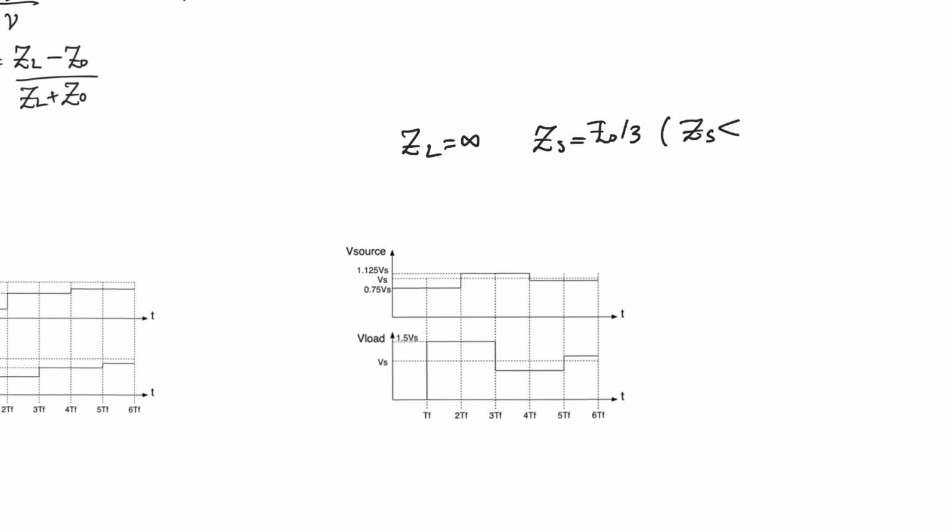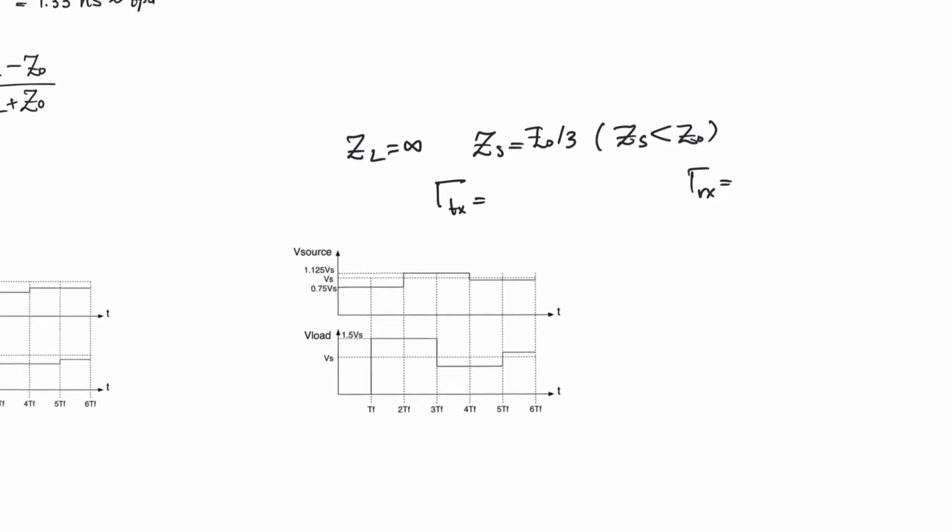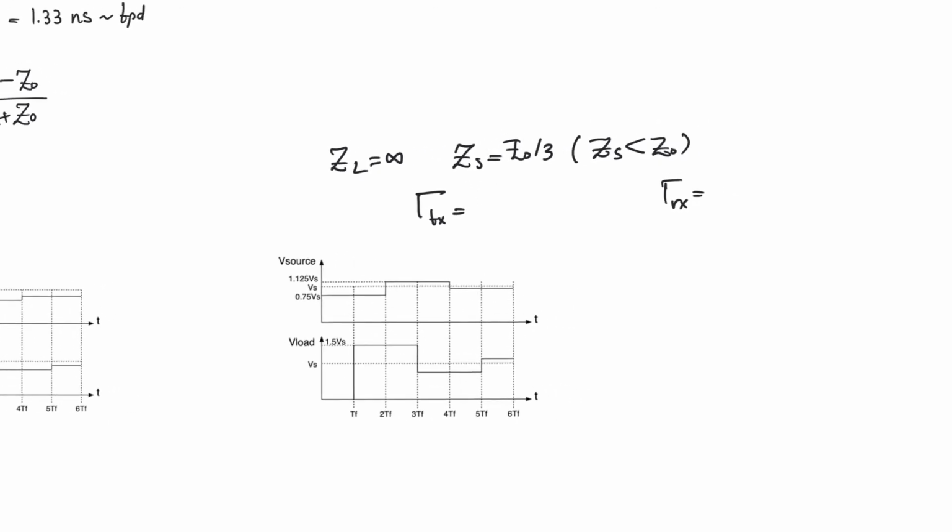So the results are going to behave in the same manner if ZS is less than Z0. So the first thing we do is calculate the reflection coefficient at the transmitter and at the receiver. At the receiver, it's actually easier because it's going to be the same value for all cases, because ZL is equal to infinity.